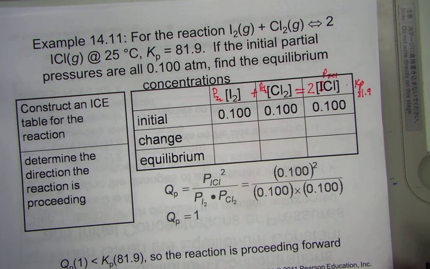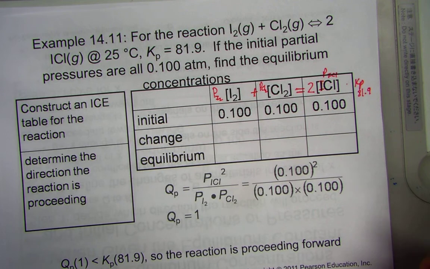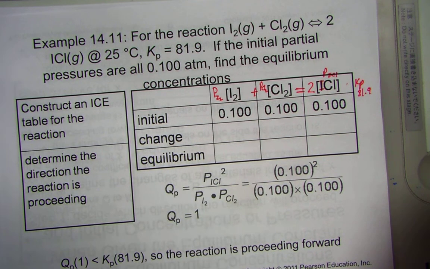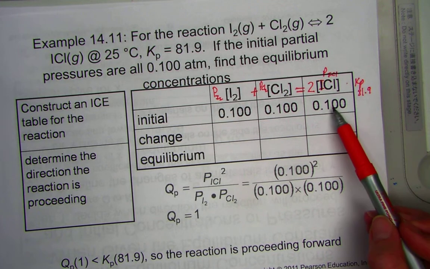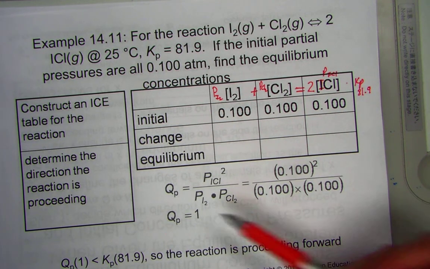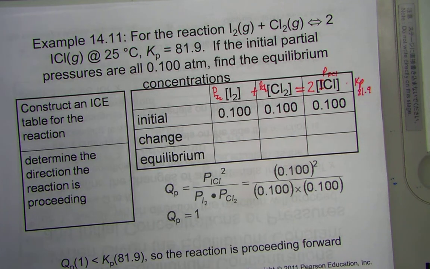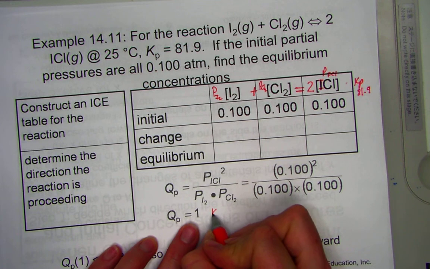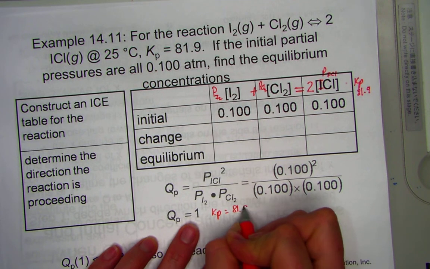So let's quickly check with these values by calculating what's called Q, a reaction quotient. Plug in 0.1 squared because of the coefficient, times 0.1 over 0.1. Q is 1. The Kp, recall, was 81.9.